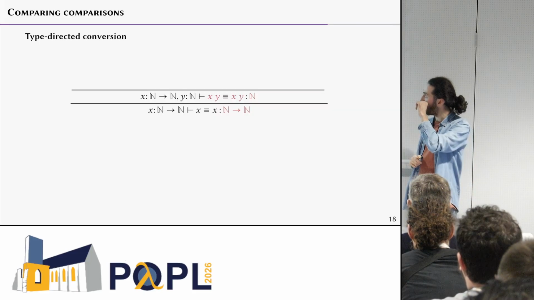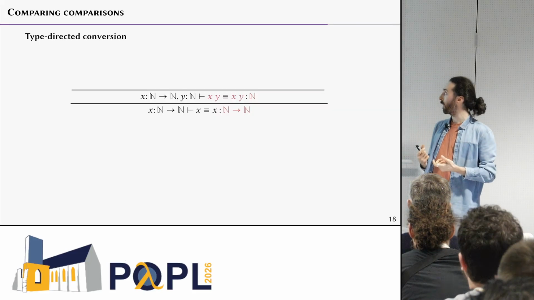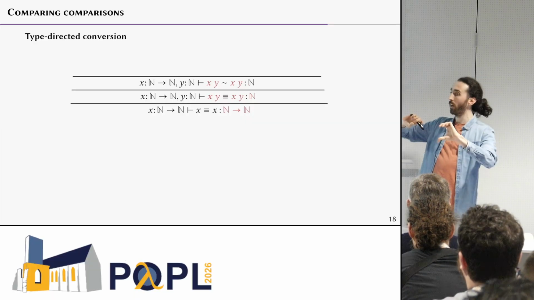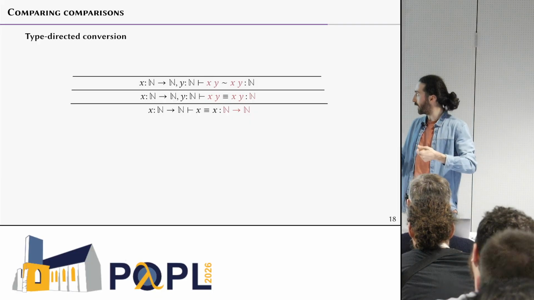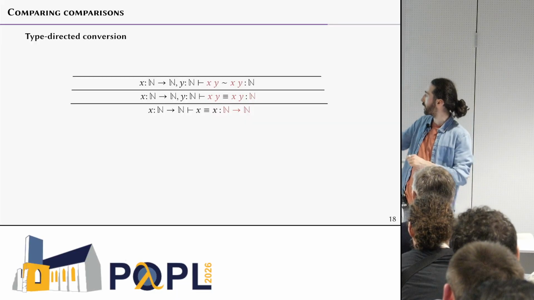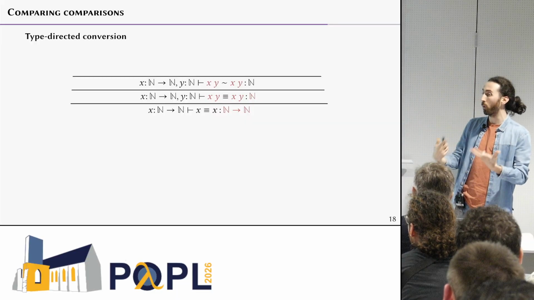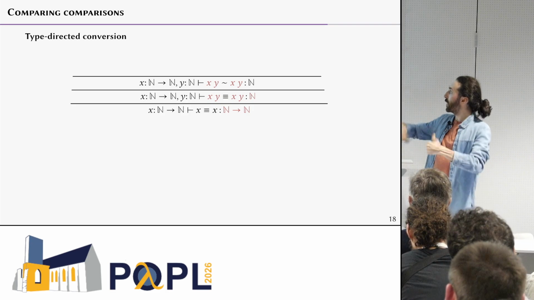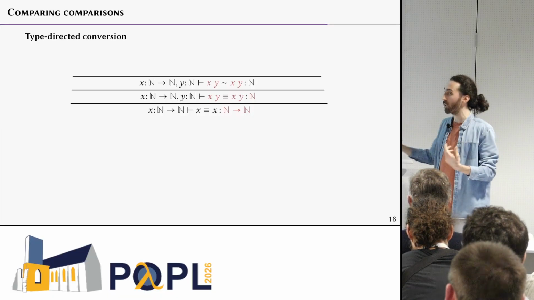And these terms now are both applications stuck on the variable, so they're neutrals. And this is the place where you change mode, in a sense, and you go into this new relation, this squiggle here, which is the neutral comparison subroutine in your conversion checker. So now you change mode, and you look at your neutrals, and you see they're both applications.